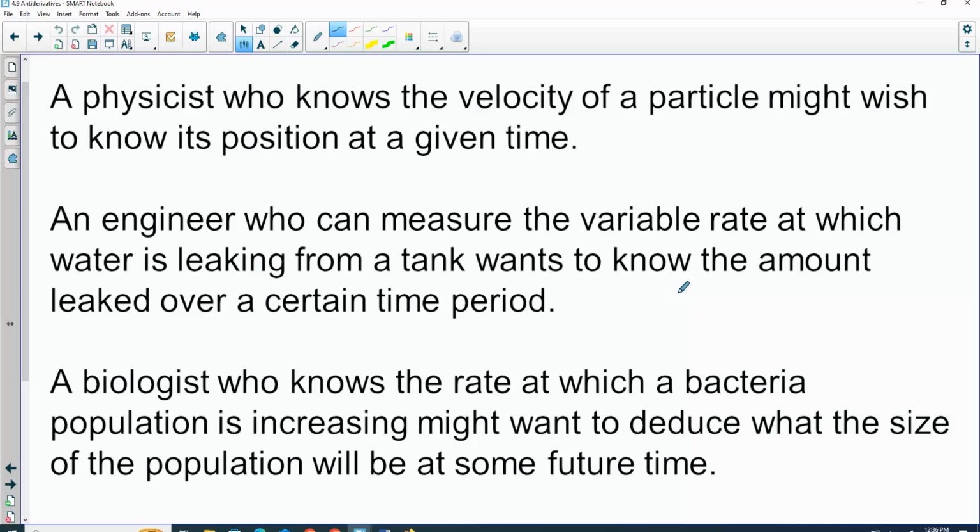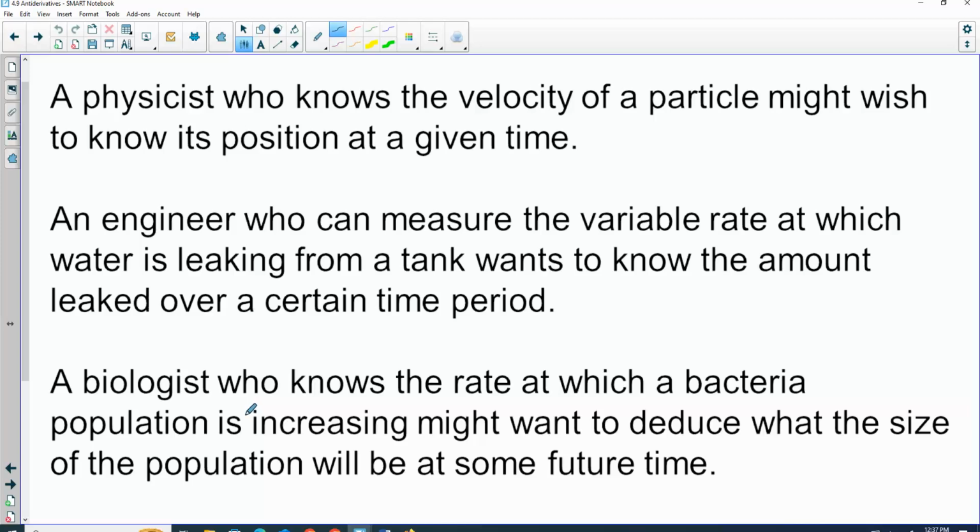That seems reasonable. Or think about an oil spill. If you know how fast the oil is coming out, you would probably need to know how much oil has leaked at a given point in time. Or a biologist might know the rate a bacteria population is increasing, and therefore might need to know the size of the population at a given point in time.